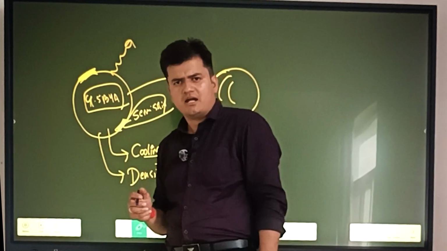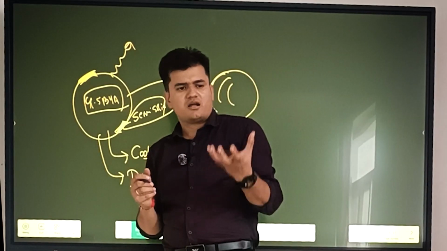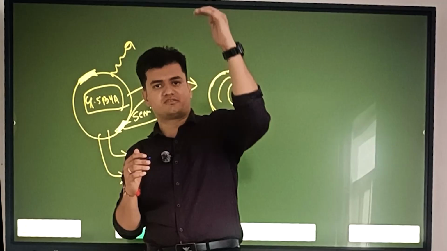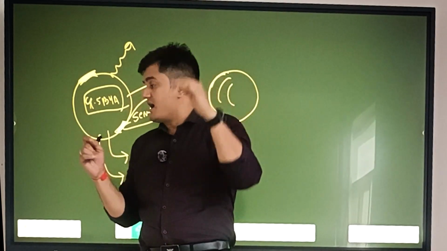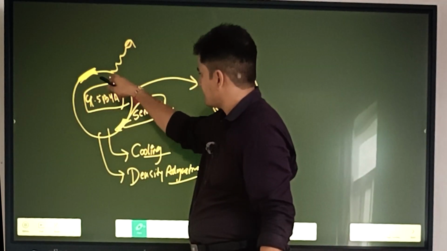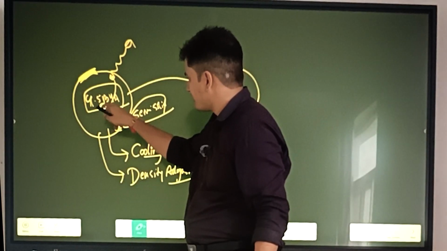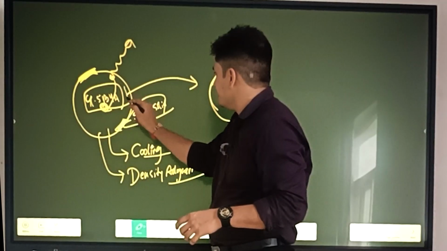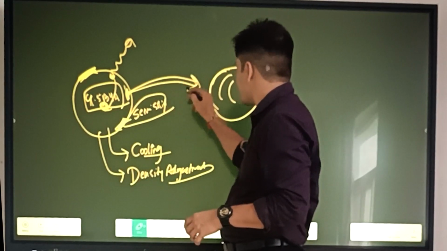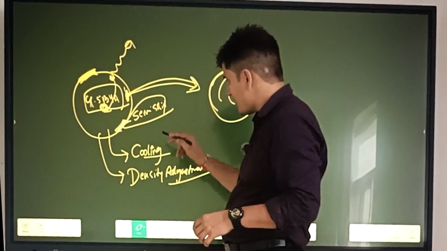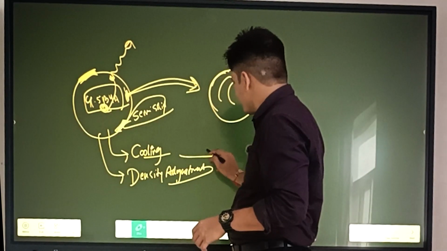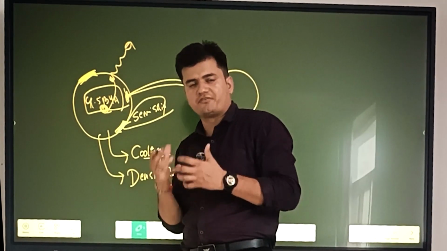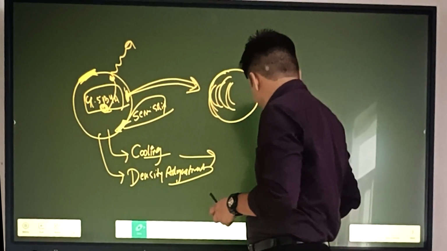Density adjustment means the lighter material inside the earth will come toward the crust, the surface of the earth, and the heavier material will sink down toward the center of the earth. This process happened during the initial phase, and up to this time it is going on, and this results in the formation of different layers inside the earth. So we are going to discuss the different layers inside the earth.